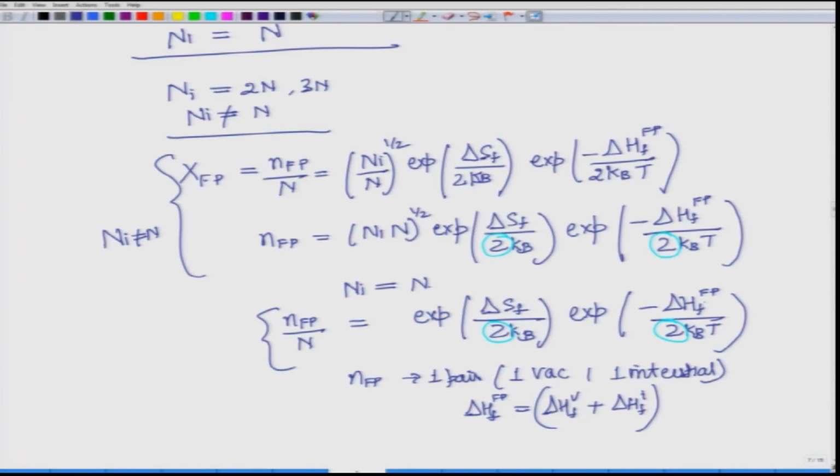So, this is the average of those two values, which is represented by the delta HF Frenkel pair by 2, and that is where this factor 2 is arising from. So, you have two defects being generated, one pair being generated, and which is represented by this equation. Earlier we had only one defect arising, or the relation was describing about one defect, and again like I said, when we go to defect reaction, from there we will again derive this relation, and you will see more meaning to these terms. So, this was Frenkel defect.